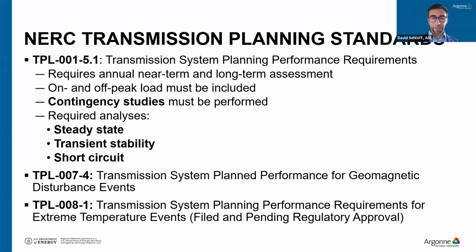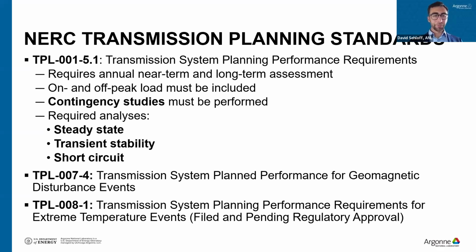The TPL7 is another one that we won't really touch on. It's for geomagnetic disturbance. And TPL8 is a new one that is still pending approval, which includes this piece about weather sensitivity. So this could be a chance to get into some of those questions about weather and climate at the end of this session.